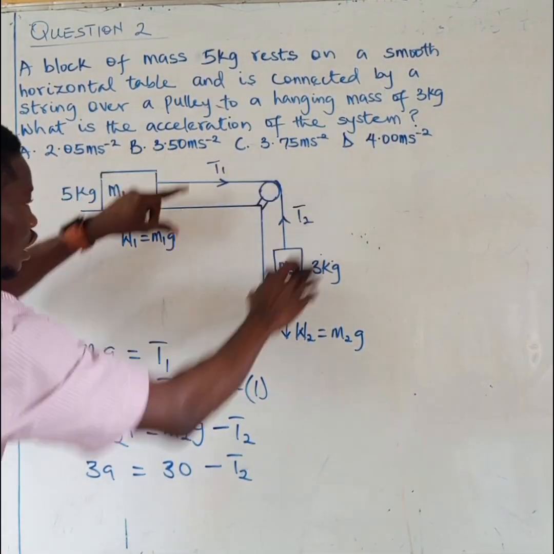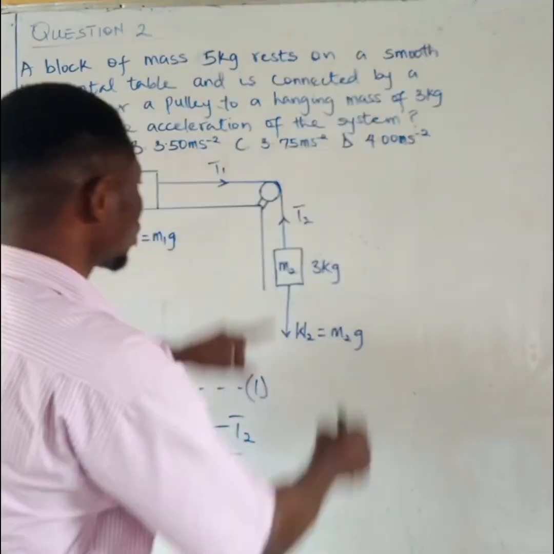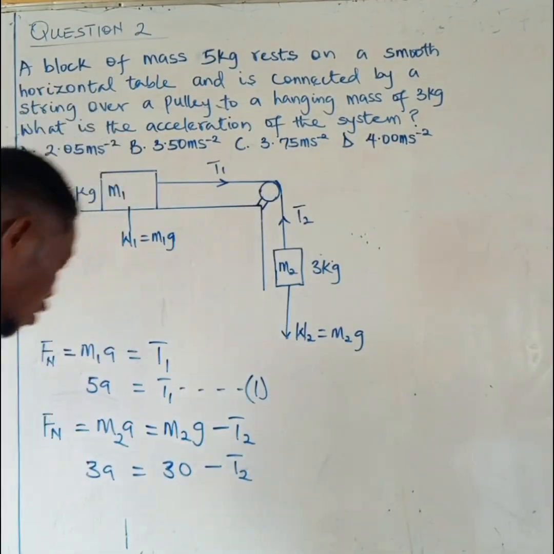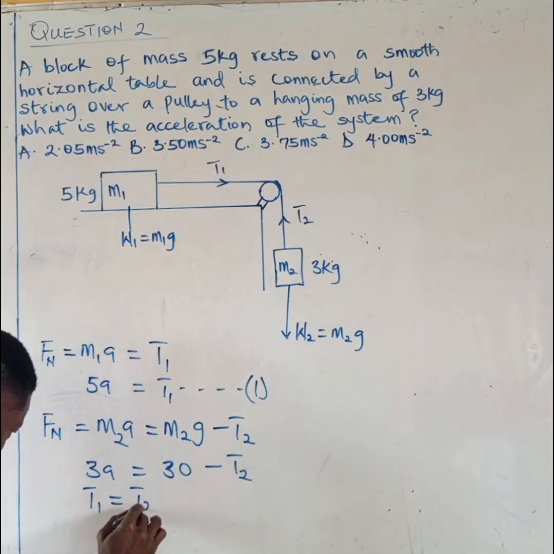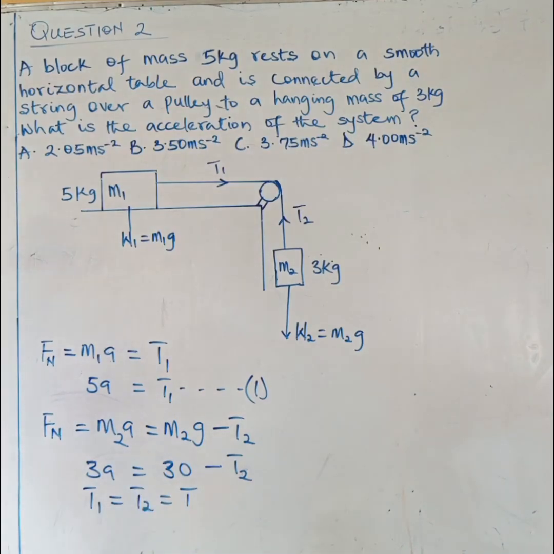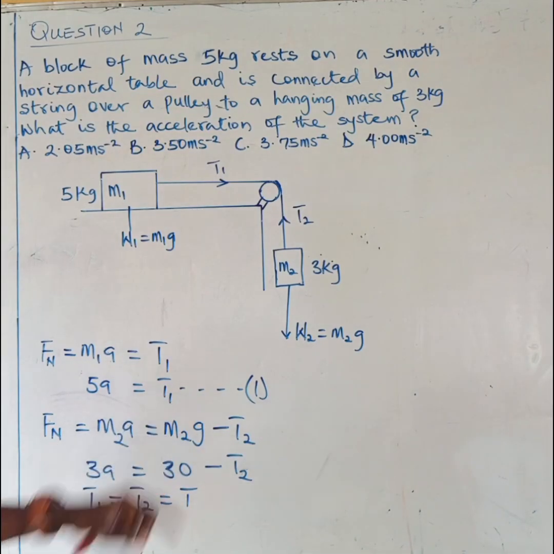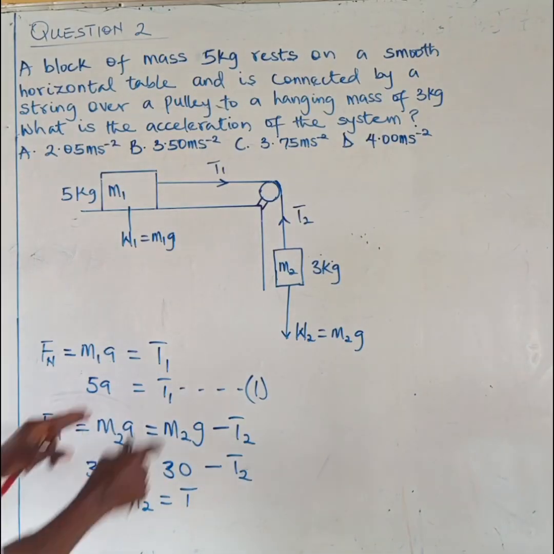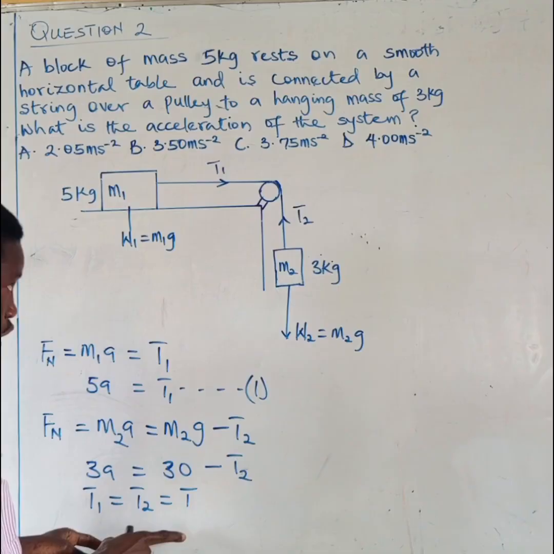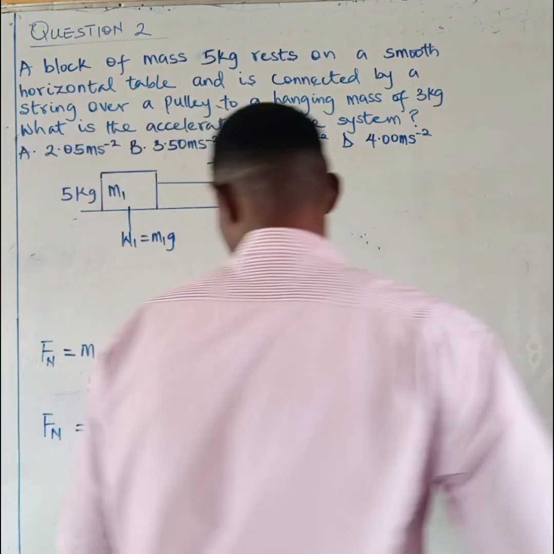If this string is an inextensible string, the tension this way will be equal to the tension this way. So we will simply say that T1 is equal to T2 equal to T. Then wherever we have T1 and T2, we'll just use T. From equation 1, we will do a substitution into equation 2 in order to complete this.